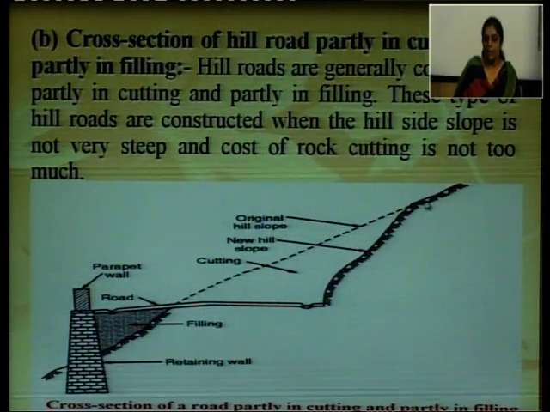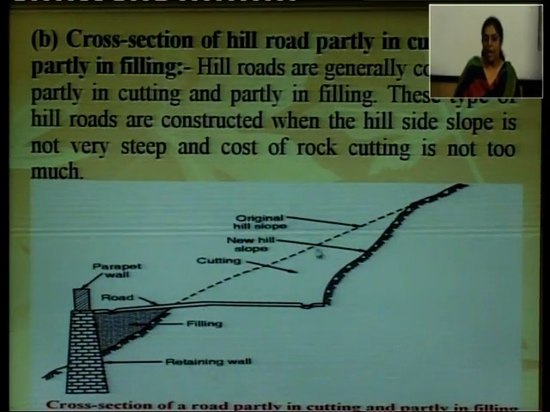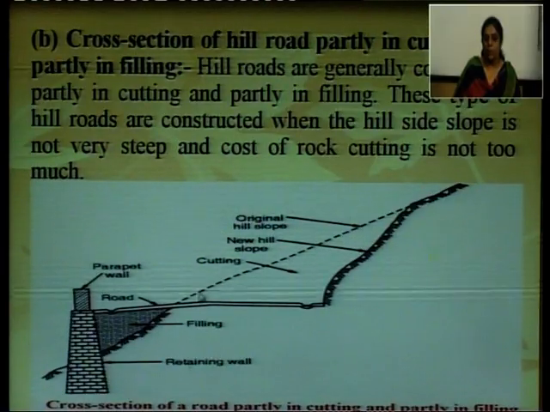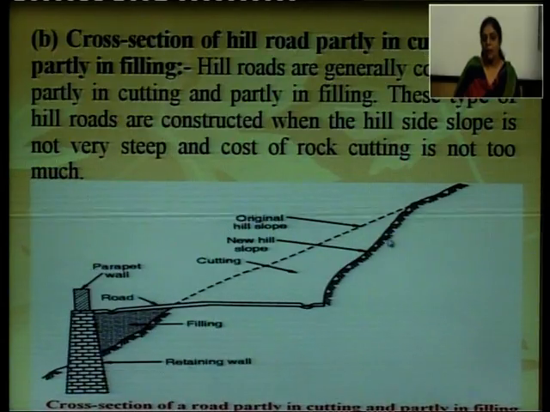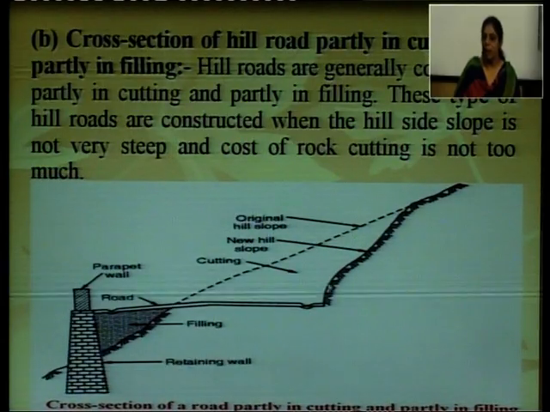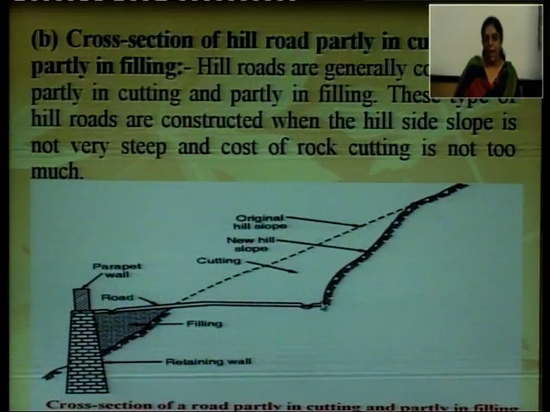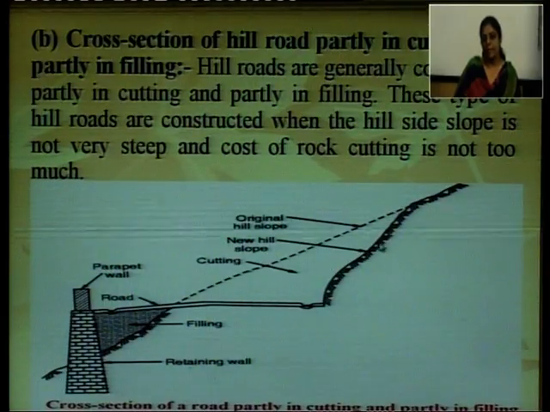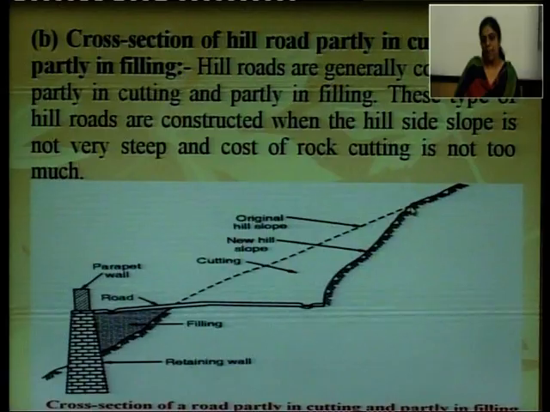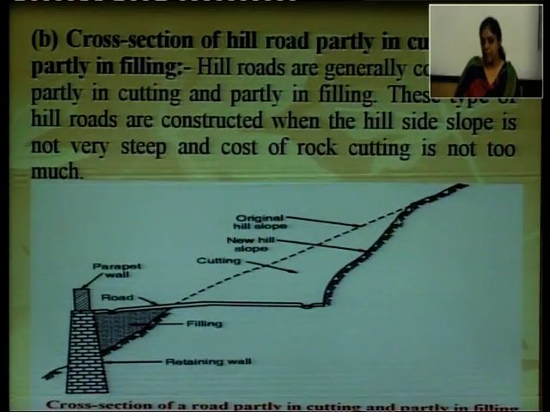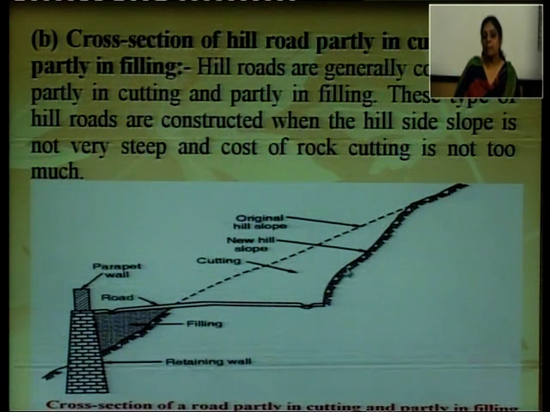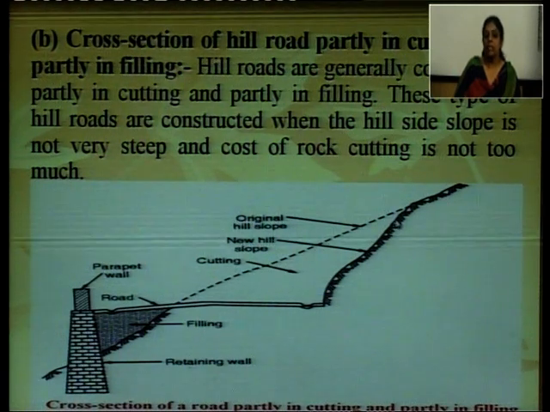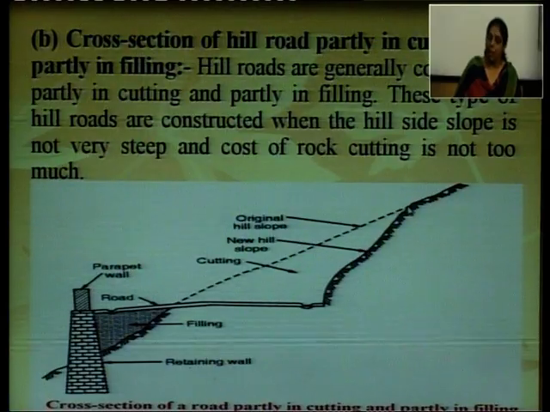This dotted line shows the original hill slope, and after cutting this part, this is the new slope of the hill. Sometimes this slope of the hill is left like this, and sometimes when the slope is very steep and there is a danger of landslide, then this part of the slope is protected with the help of breast wall, that we have already read about.